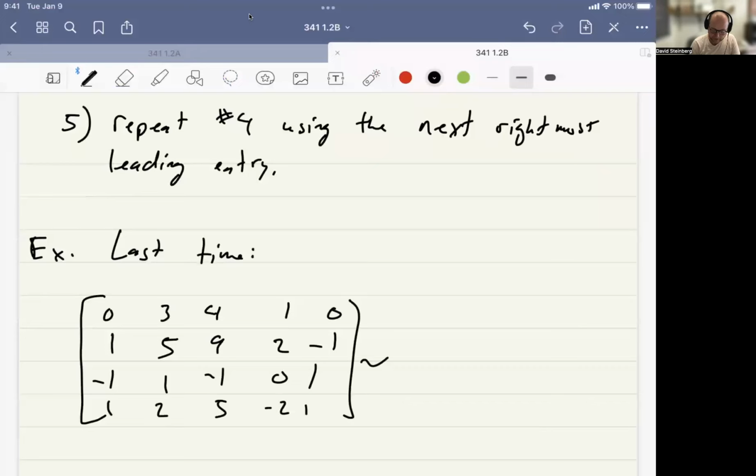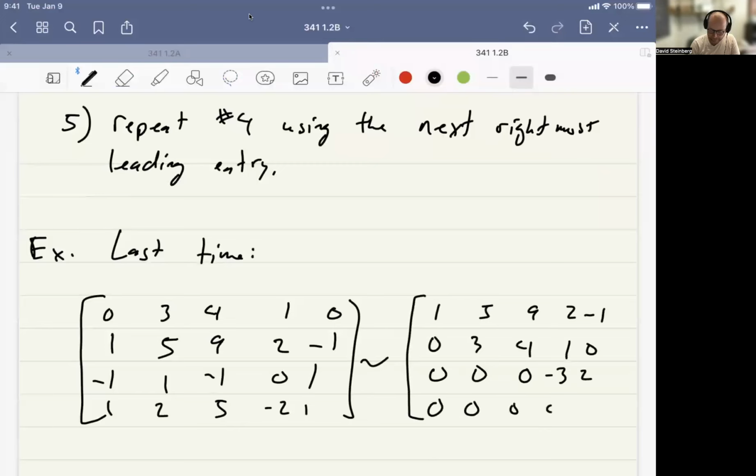We thought this was row equivalent to a regular echelon form, which was 1, 5, 9, 2, -1; 0, 3, 4, 1, 0; 0, 0, 0, -3, 2; and then a row of all zeros. So we saw this was echelon form.